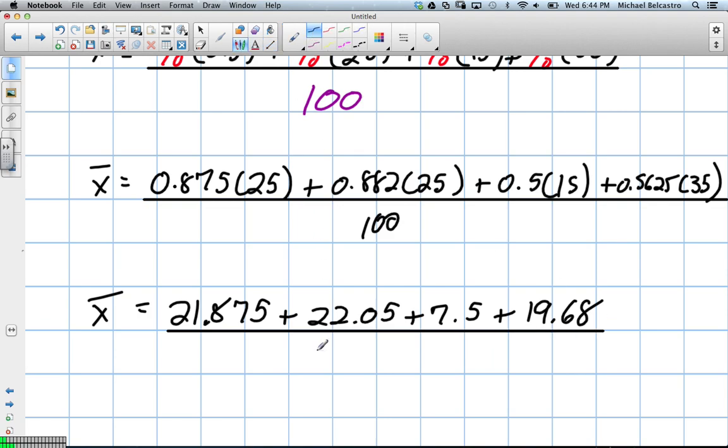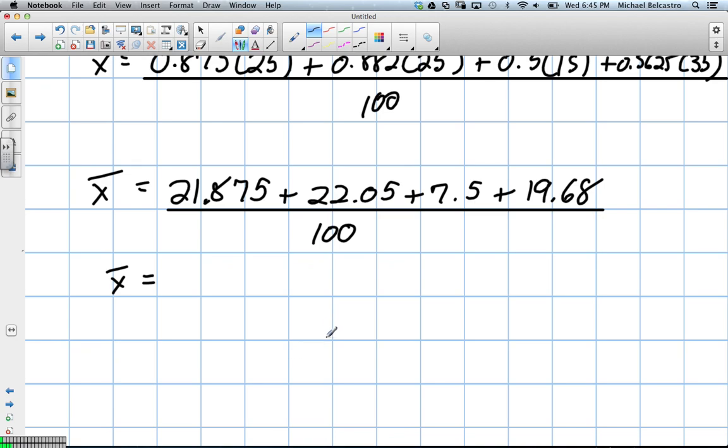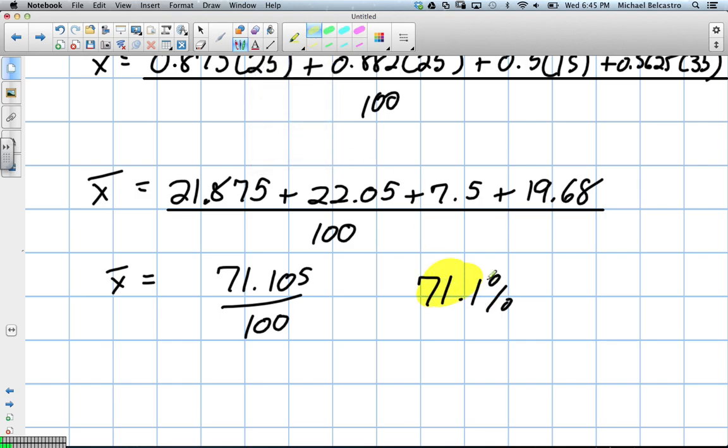So let's add all those values together. That gives 71.105. Out of 100, what does that mean as a percentage? 71.1%.